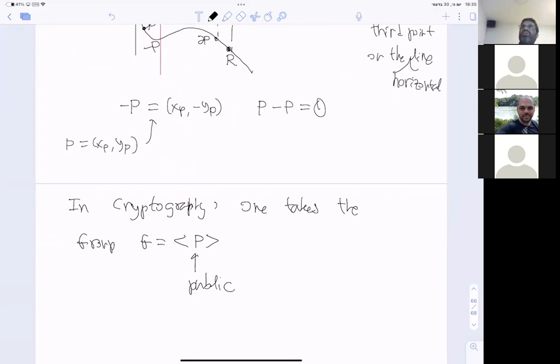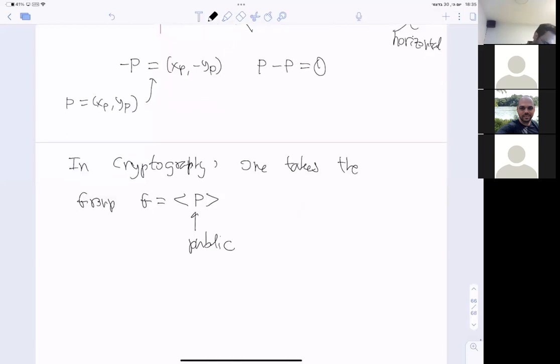But we don't know what the private key is.